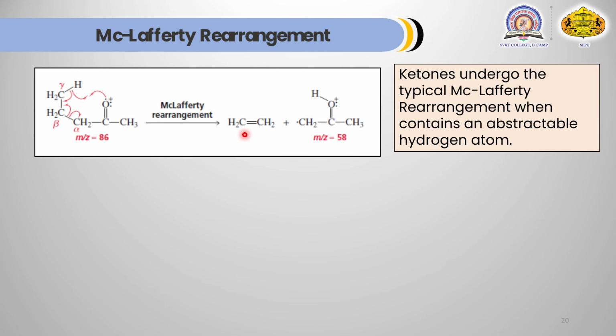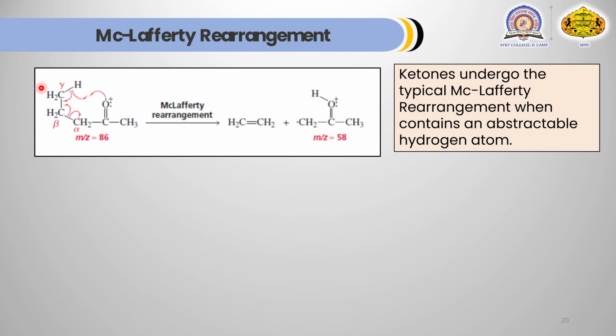Here ethylene is formed as a small neutral molecule, and the other fragment obtained is a cation radical, with a positive charge as well as the radical. The molecular weight of this fragment is 58. That's why the m/z, the mass to charge ratio, of this molecule is 58.